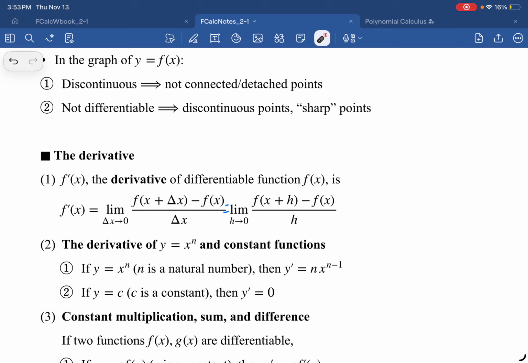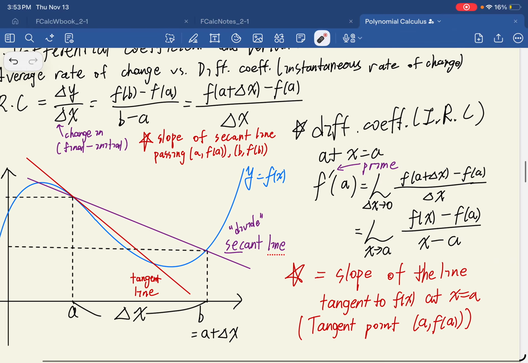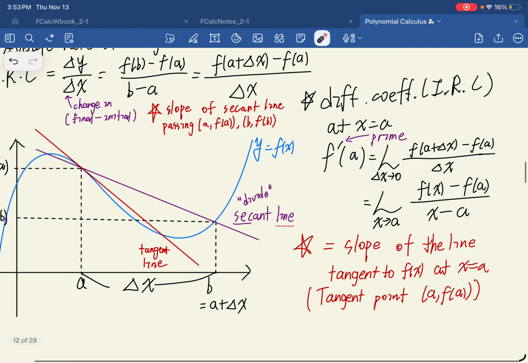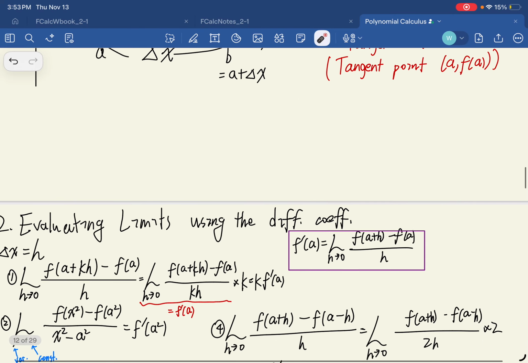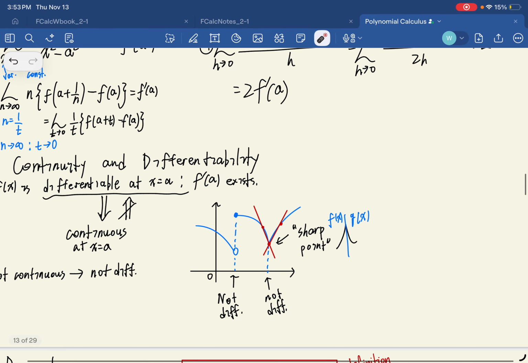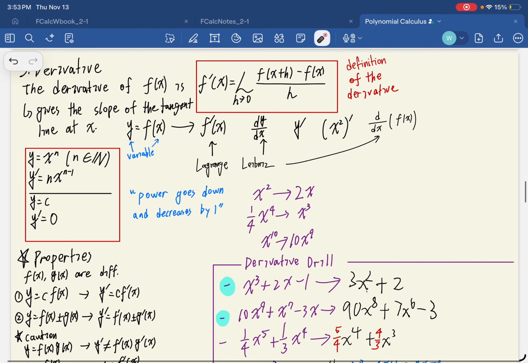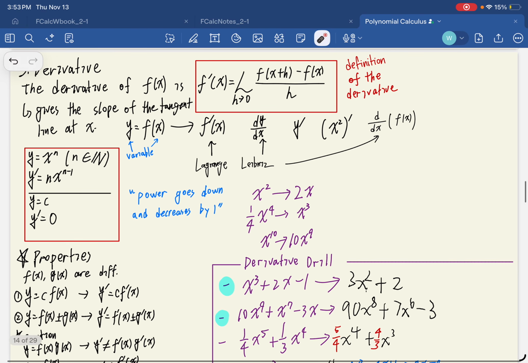So the derivative is a function. It's a function that gives you the slope of the tangent line at any value of x that you plug in, okay? So here I've written it in red: the slope of the line tangent to f of x at x equals x.